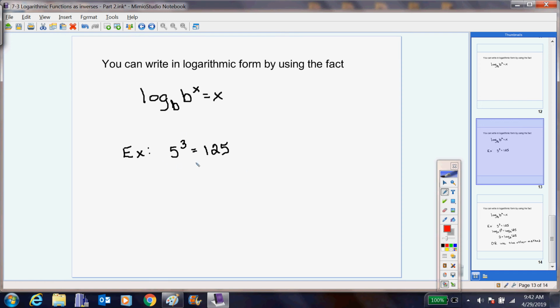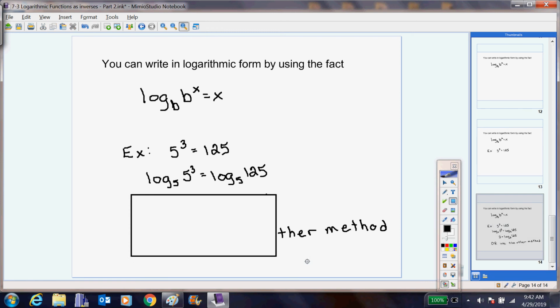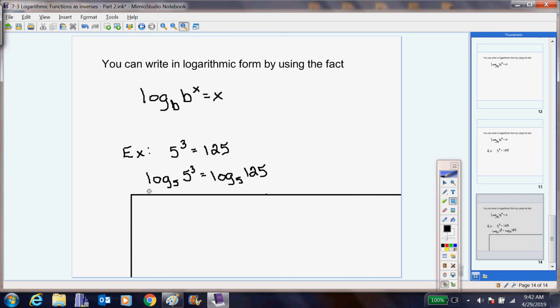So here's another way of looking at this particular problem. The log base 5 of 5 to the third power equals the log base 5 of 125. We're basically doing the same thing to both sides here. We're taking the logarithm with a base 5 on both sides of the equation, just like we're used to doing to both sides anyway.